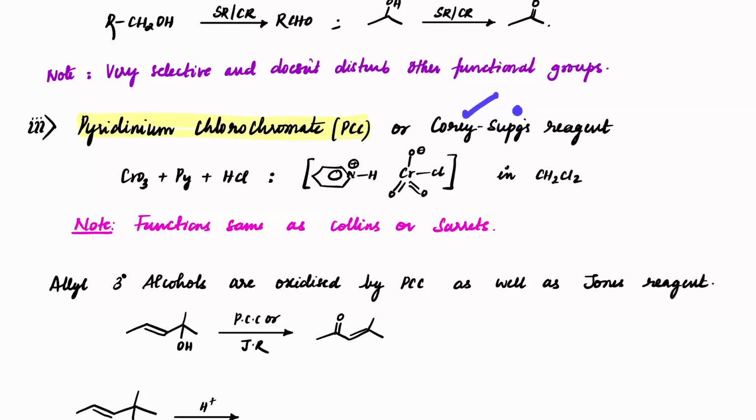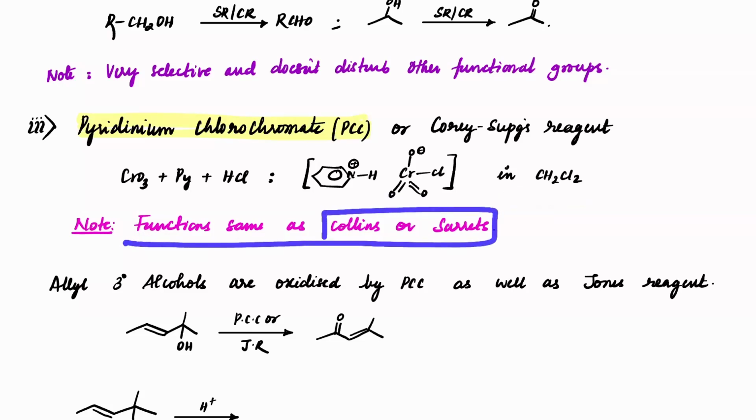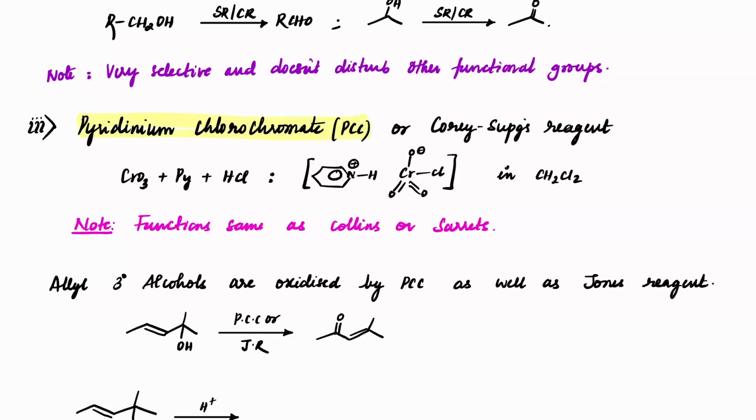It is also called Corey-Suggs reagent, where we take CrO3 with pyridine, adding some HCl. First, it will become pyridinium chlorochromate because chlorine will get added on to this one. So it will become pyridinium chlorochromate in DCM. That will have the same function as that of Collins and Sarett's reagent.